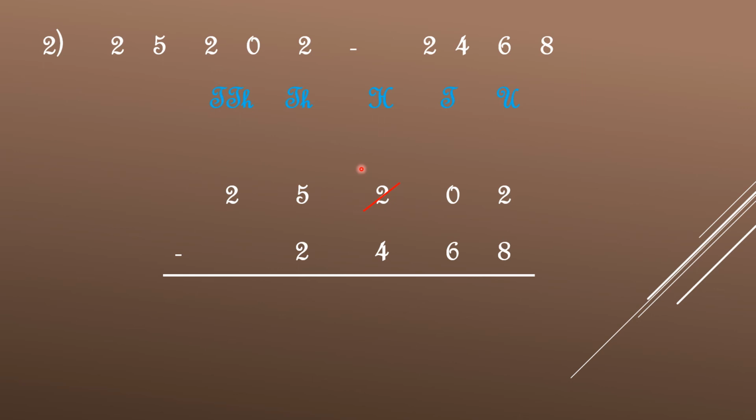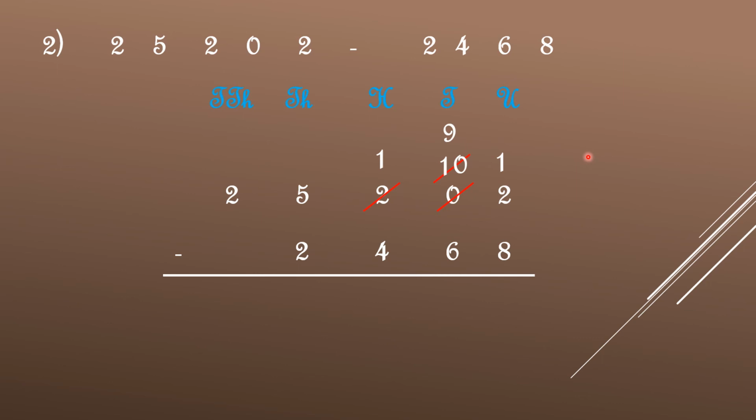From 100, I can borrow only to the tens place. So here, 1 is left in the hundreds place. Now I take this 0 and I take it on top. So this number becomes 10. I cannot minus 10 from 6. Why? Because still in the units place, the subtraction is not done. So from 10, I borrow 1 and here 9 is left.